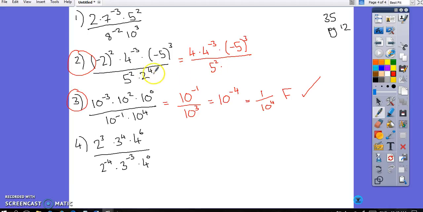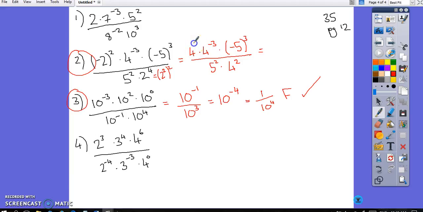But I can use the fact that 2 squared is 4. So I know that this is 2 squared squared, so I can say that this is then 4 squared. So I can sort out my powers of 4.